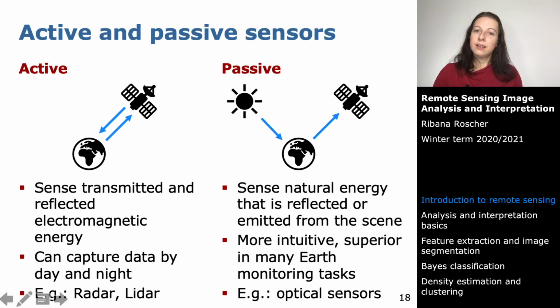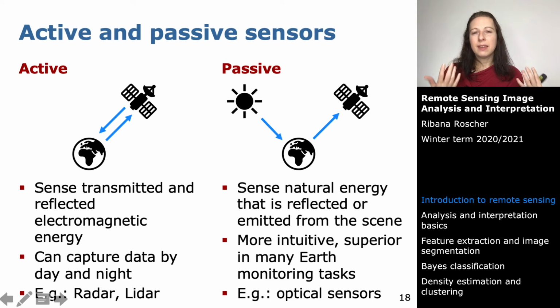And on the other side are passive sensors. Passive sensors sense the natural energy, that means the energy which is there. And this natural energy is reflected or emitted from the scene, and this is actually what you sense and what you record with the sensor. The data you acquire is more intuitive, so it's more how we sense the world.